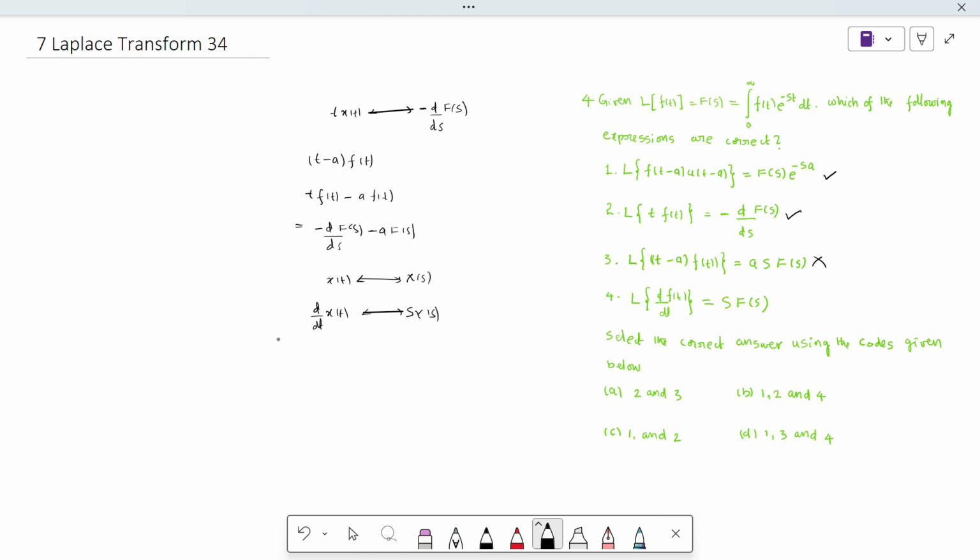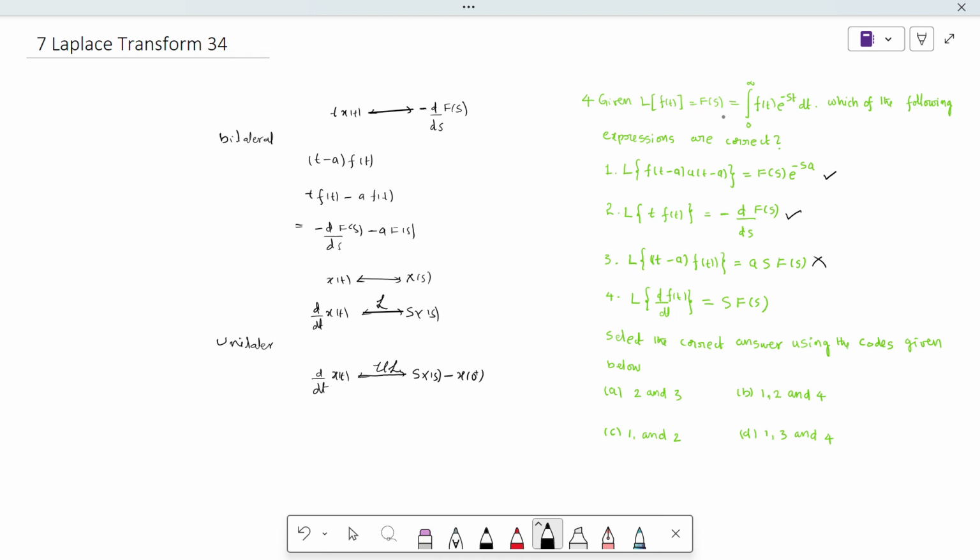So this is the property for the bilateral, but in the case of the unilateral, d by dt of x of t equals s into X of s minus the initial value, is it? This is in the case of the unilateral, and this is in the case of the bilateral.